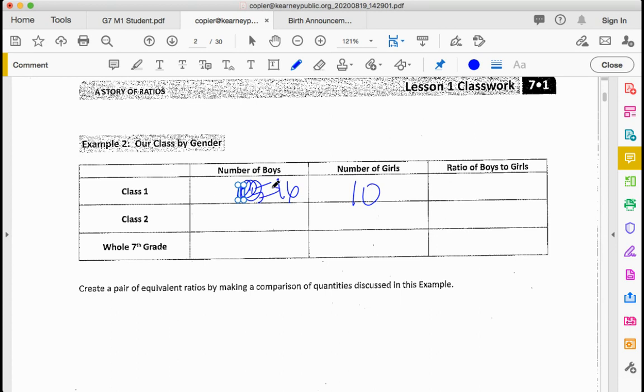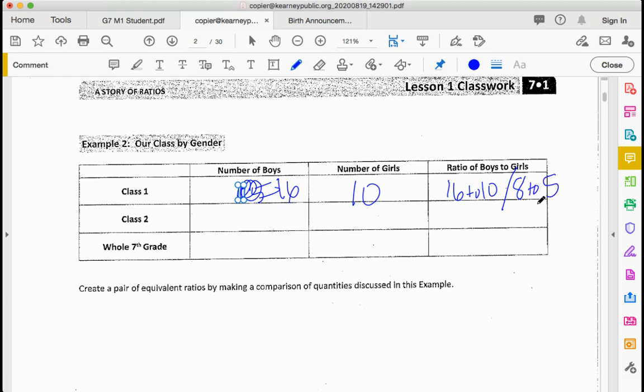And again, this one could reduce. We could have 16 to 10. What's another form of 16 to 10? What goes into 16 and 10? It would be 8 to 5, right?